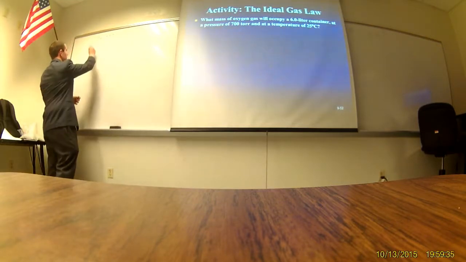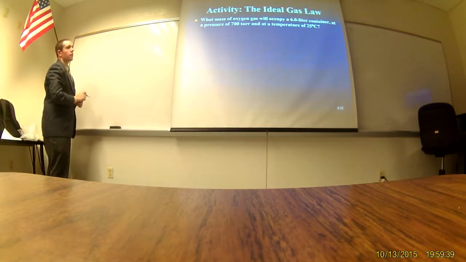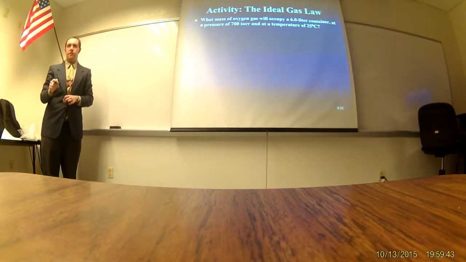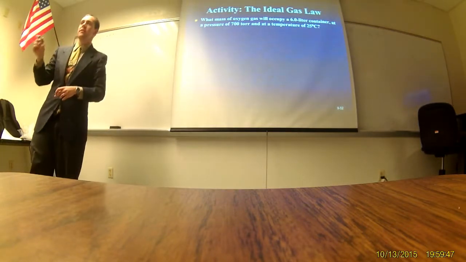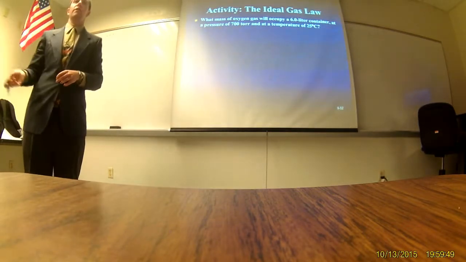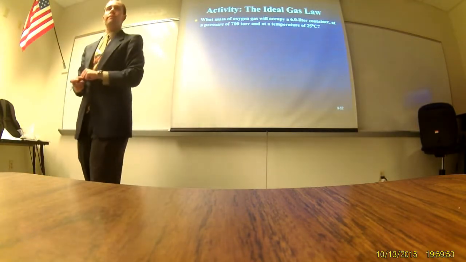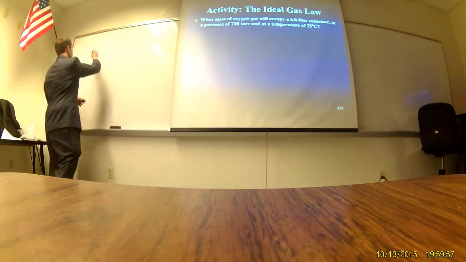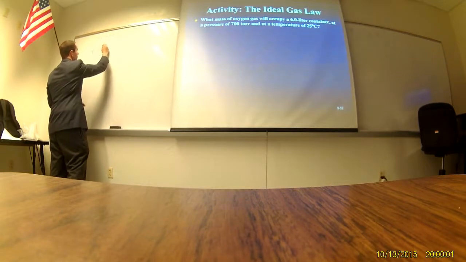What is our pressure? 700 torr, but we have to get it to atmospheres. There are 760 torr in an atmosphere. So it's 700 divided by 760, 0.920 atmospheres.